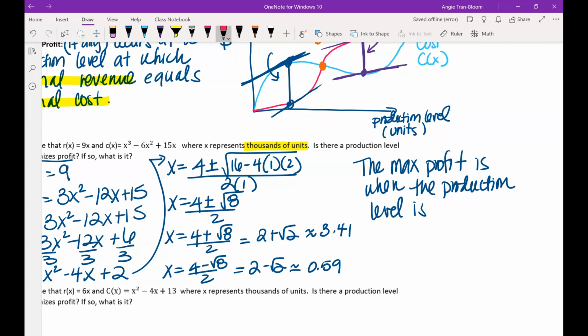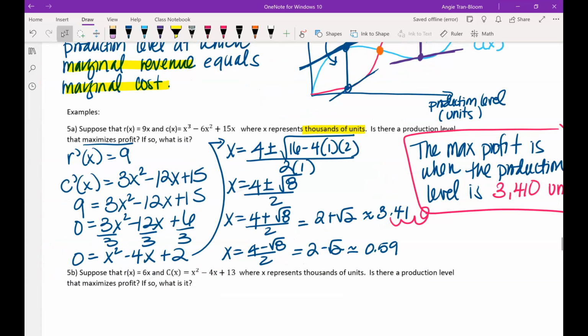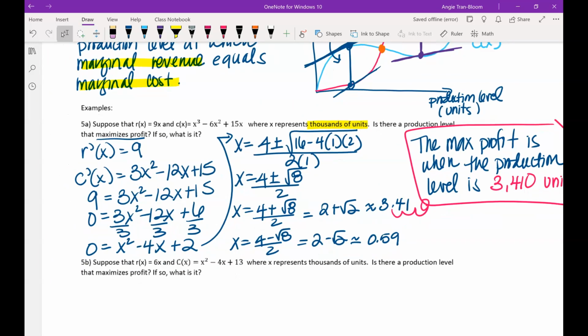So 1, 2, 3. So that's going to be 3,410 units. And I said, if so, what is it, so we already wrote down the units.